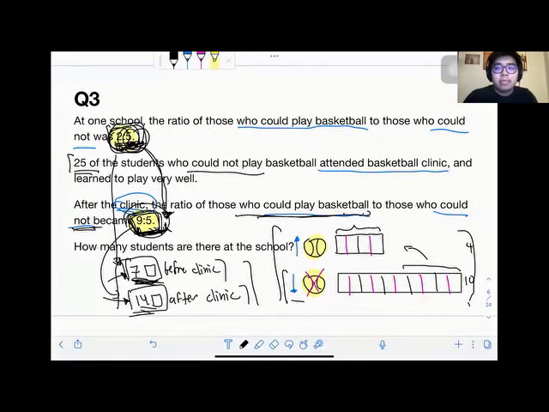Ngayon, 4 boxes na yung sa taas na marunong mag-basketball, at 10 boxes sa baba na hindi marunong. Dahil divided na into 2, ngayon, ilang box ang kailangang remove.